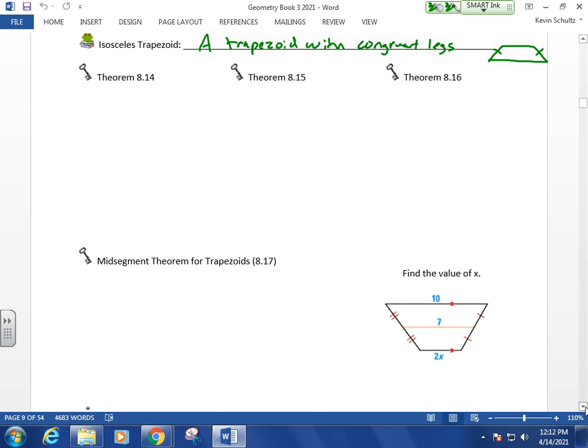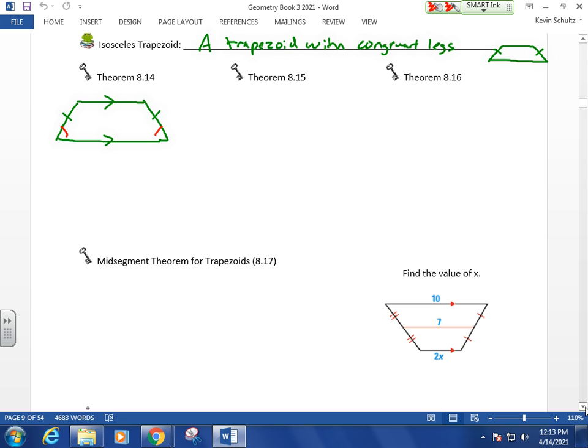And we're going to divide this into what we know and what we can conclude. Okay? So if we know that the trapezoid is isosceles, so I'll put what we know in green and what we can conclude in red here. If we know that the trapezoid is isosceles, which means it has parallel bases by default, it always will, and then it has congruent legs, then we can conclude that each pair of base angles is congruent.